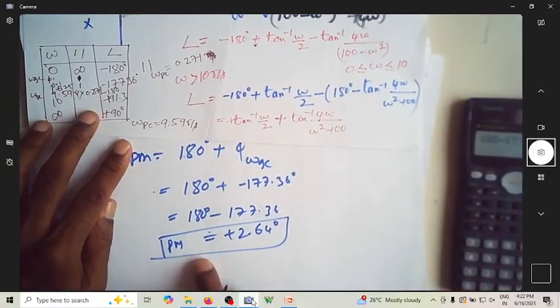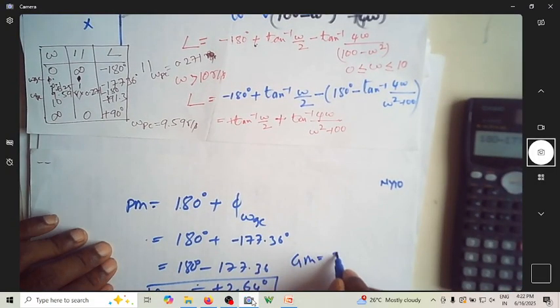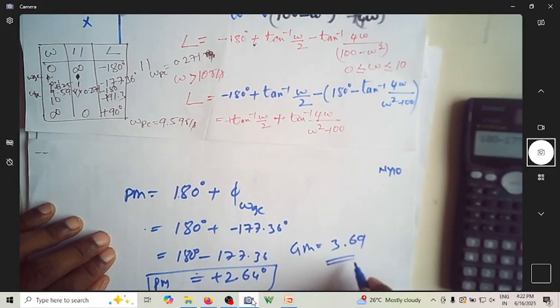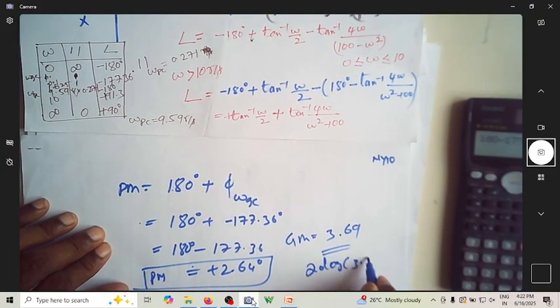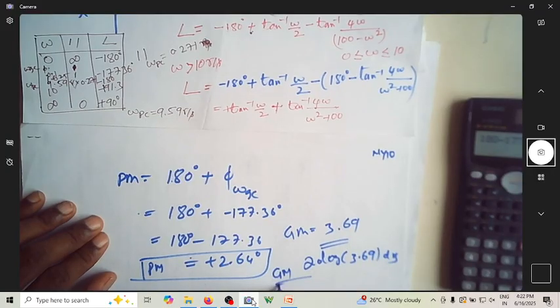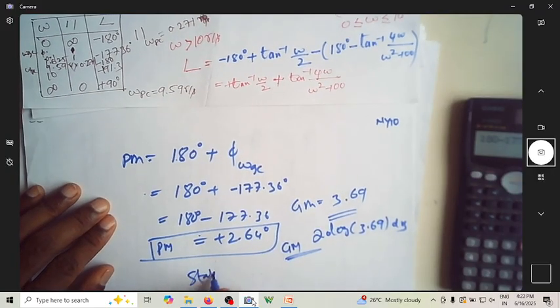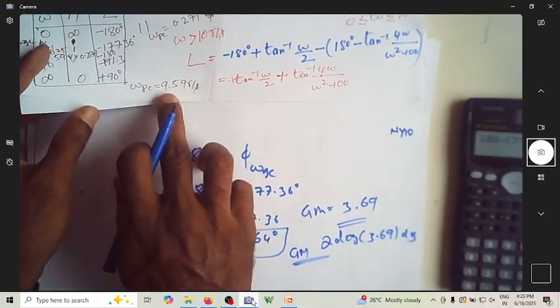So you have a gain margin of 3.69, or in terms of dBs, 20 log of 3.69, so many dBs. So this is gain margin. System is stable. Just verify these values once.